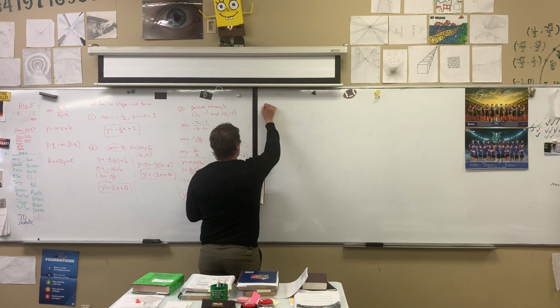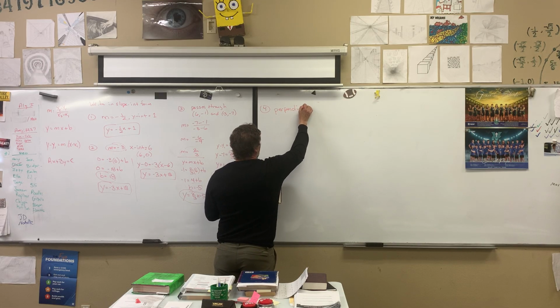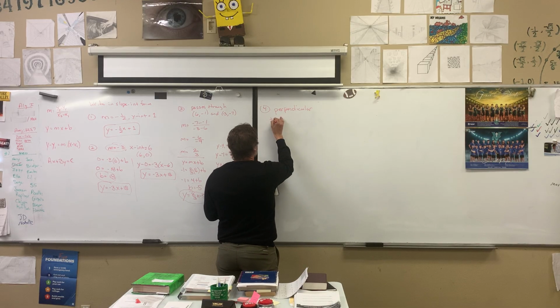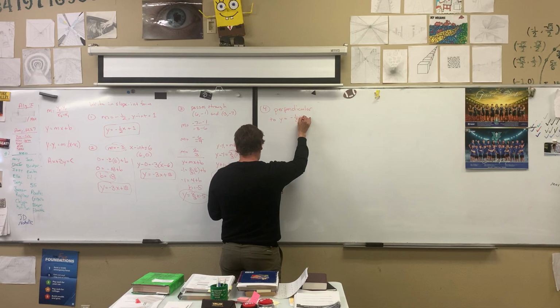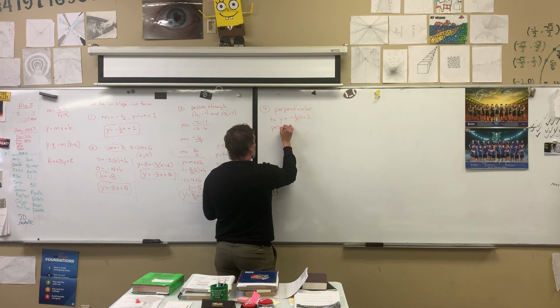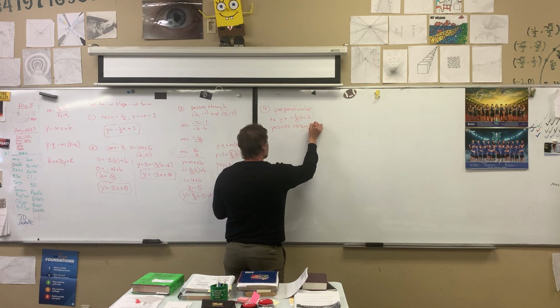Number 4 here says perpendicular, and this will take you back to what you know about perpendicular lines. Perpendicular to y equals negative 1/3 x minus 2, and it passes through (1, 2).